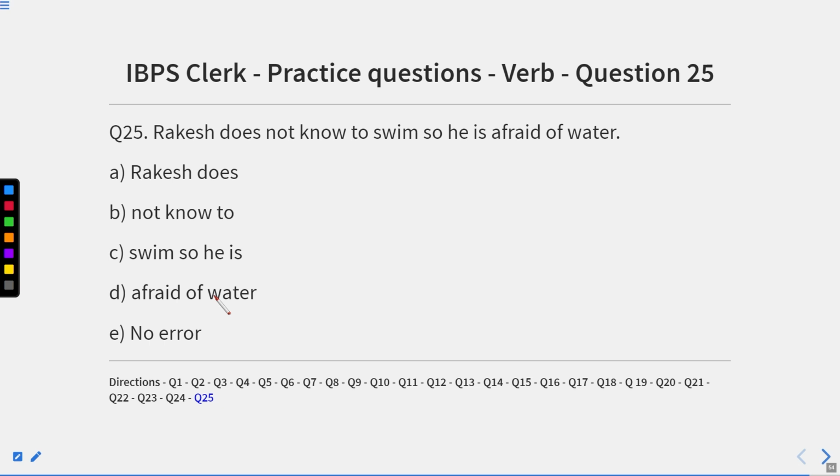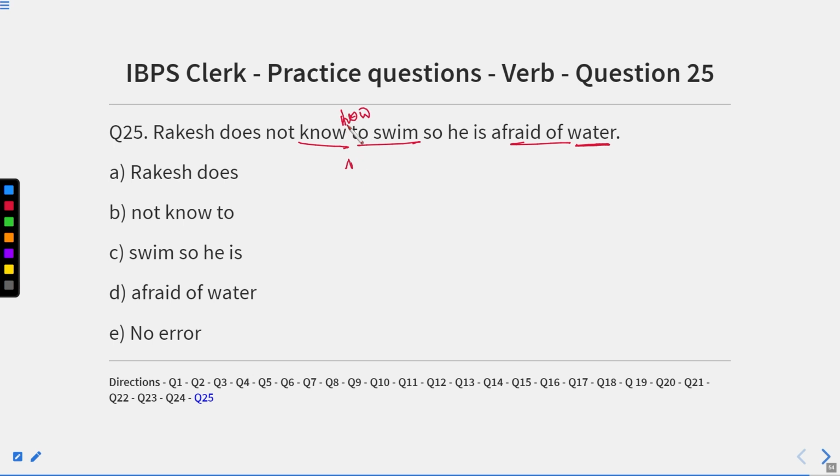Rakesh does not know to swim, so he is afraid of water. So this is very, very simple. Now look at this word. This is "afraid of", but this is a noun. So it should not be in ing form. Whenever we have "know" or "learn", and after that we have a verb, it should not be like "to swim". We should write "know how to swim".